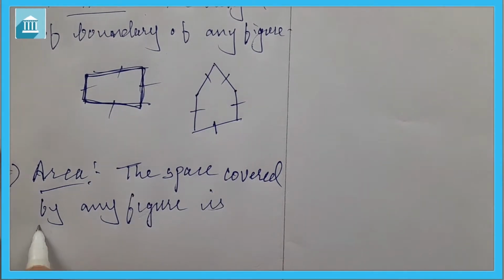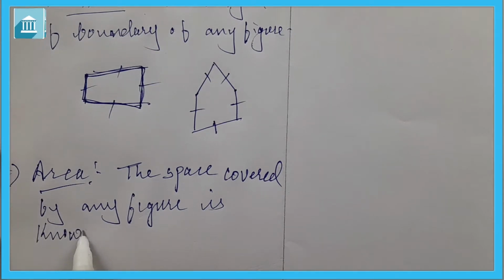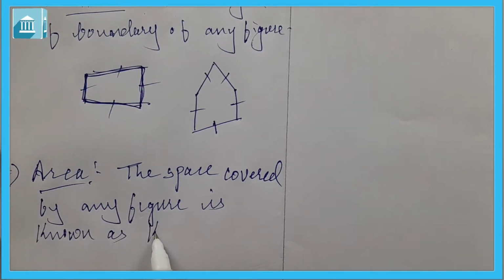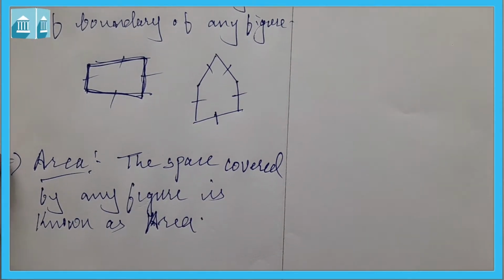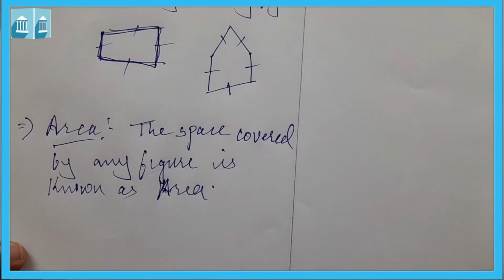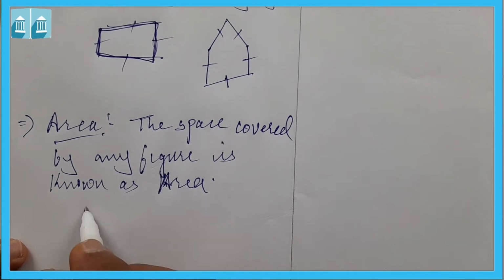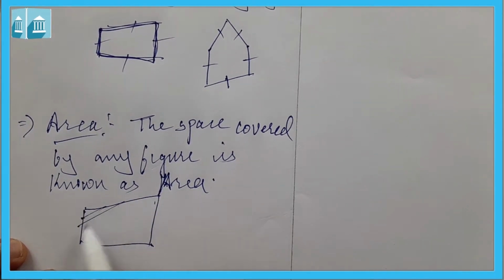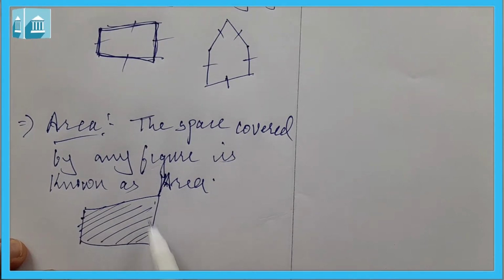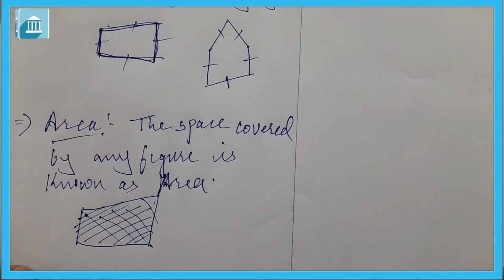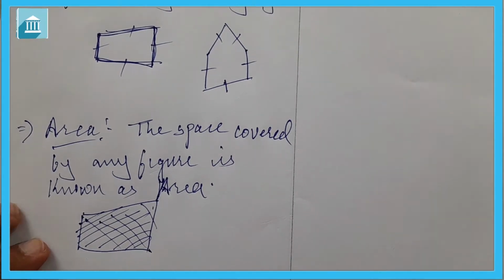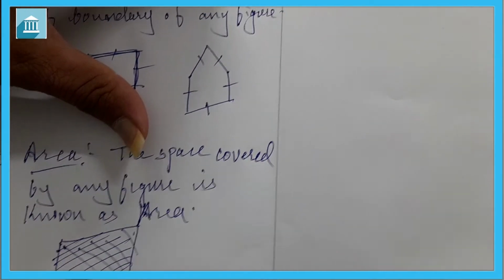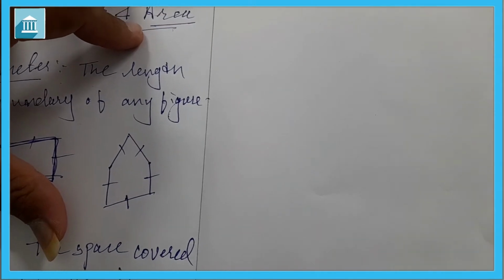The space covered by any figure is known as its area. For example, if this is the figure, then the space covered by this figure is the area of the figure. Now let us see the perimeter and area of some regular figures.